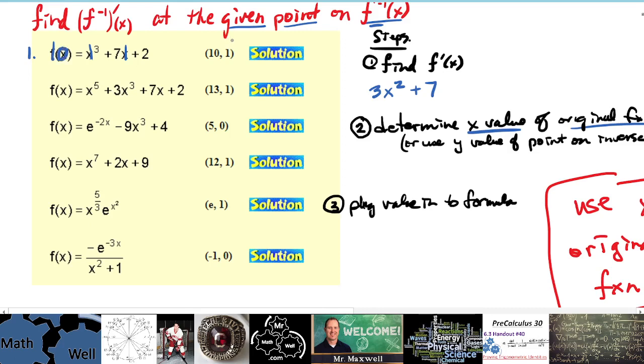So that means that this is the x on the original function because they fit properly. You see that? So if you didn't know, you could always just do a quick check. So here we found that x equals 1 on the original function. Okay. So this is the value I'm going to put.